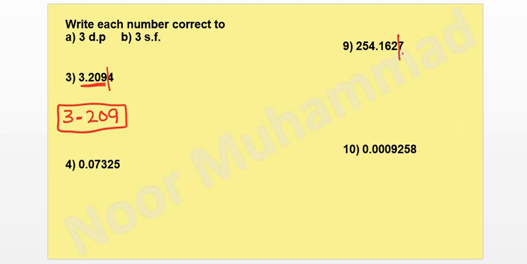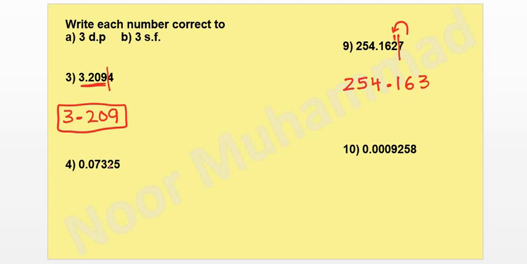So it belongs to the second group that says add 1 more. So 1 will be added. 7 says add 1 more. So finally your answer will become 254.163, because 2 plus 1 will become 3.